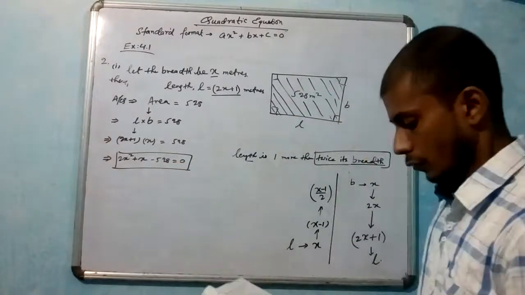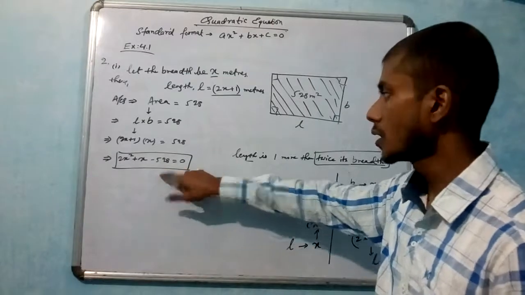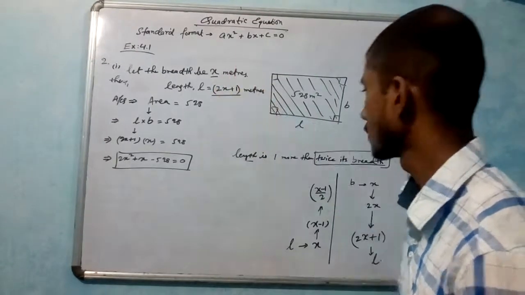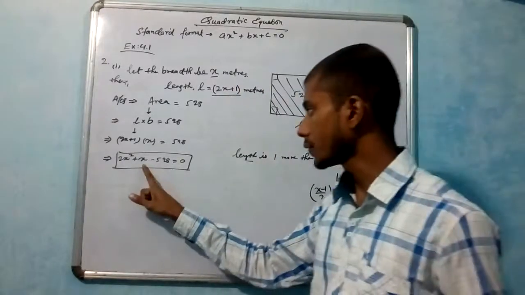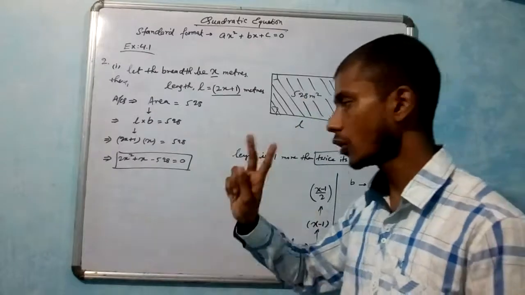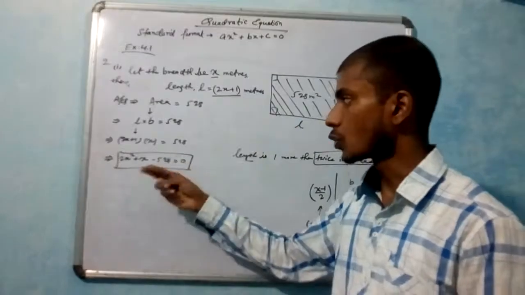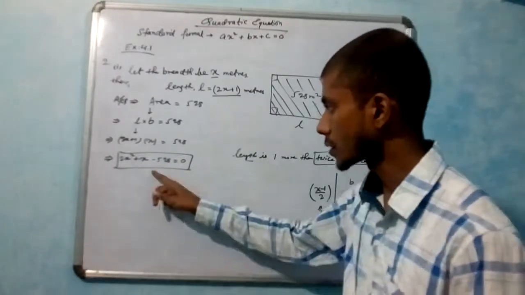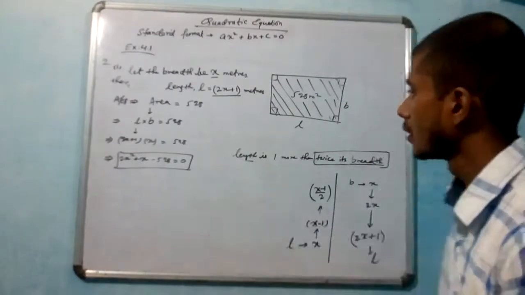We have brought the given situation into the form of a quadratic equation, with our assumption of the breadth as x meters. Now if you solve this quadratic equation, you will get the x values. How many values? Two x values. Those will be called the roots of the equation, and the roots will what?